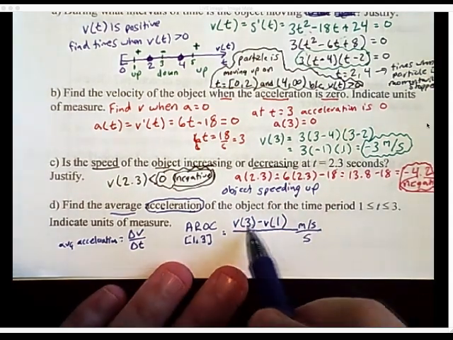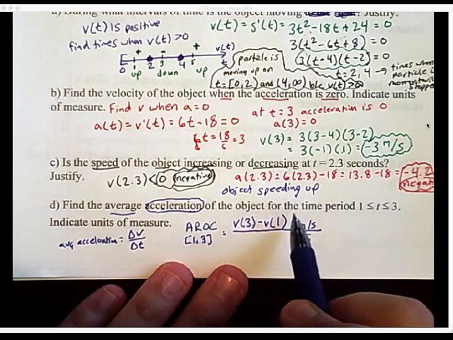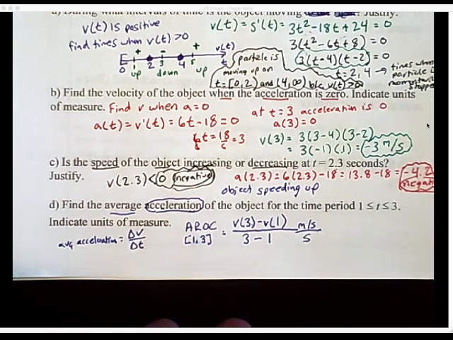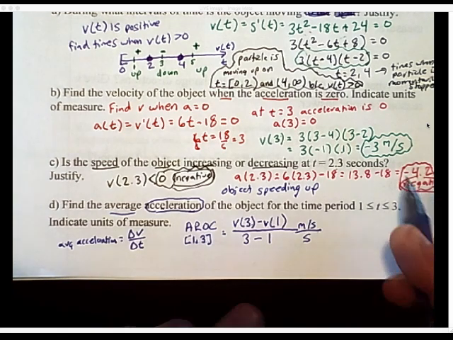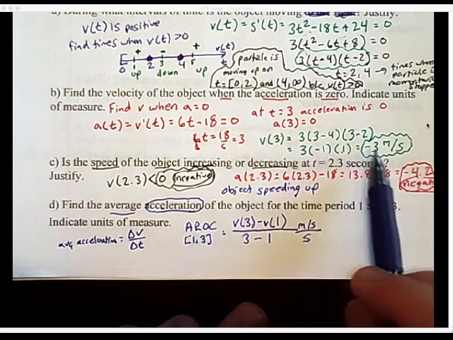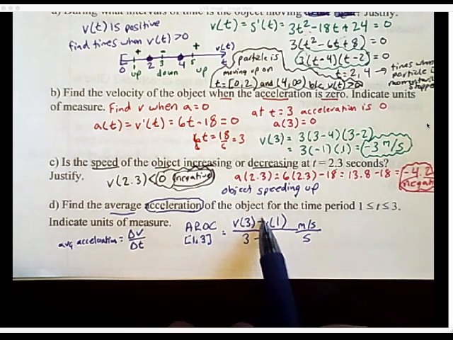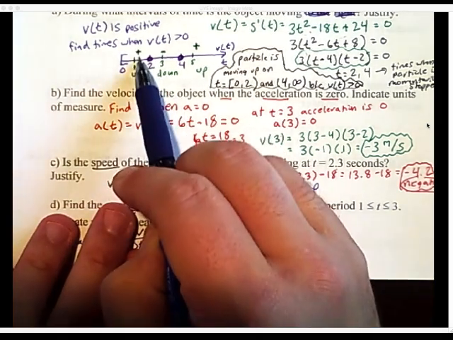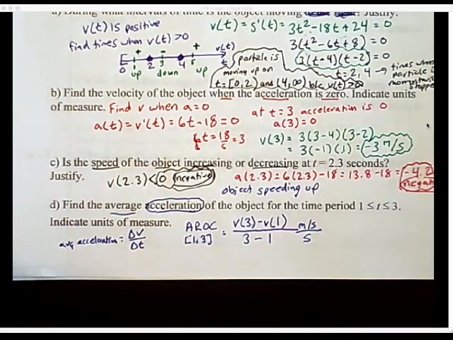That would be how much my velocity is changing over that time period, over the change in time, 3 minus 1. Well, we already figured out what v of 3 was up here. It's negative 3. So I can plug that in right here. I don't know what v of 1 is yet. I know it's going to be positive, but I don't know what the actual value is yet.